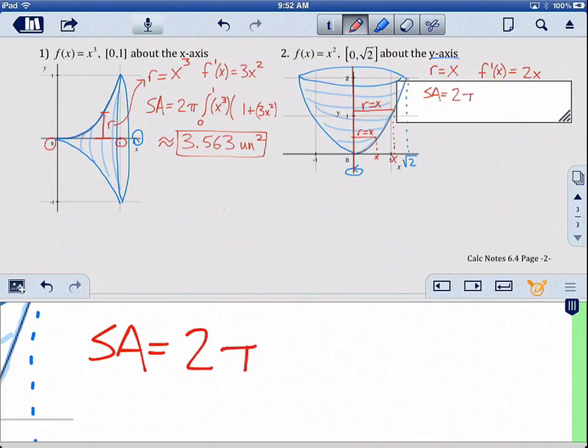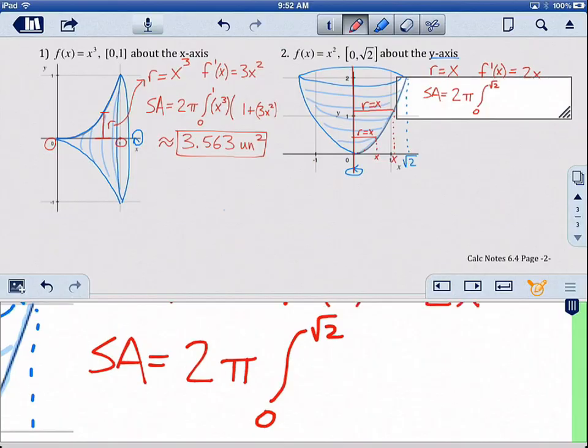2 pi times the definite integral from 0 to the square root of 2. So notice that even though our axis of revolution is vertical, we still use x values for the limits of integration. Okay, and then it's times the radius. Okay, because you remember it's 2 pi times the radius. And then times the arc length.